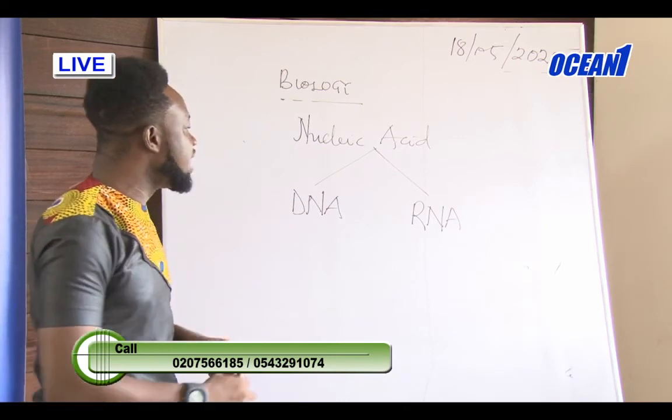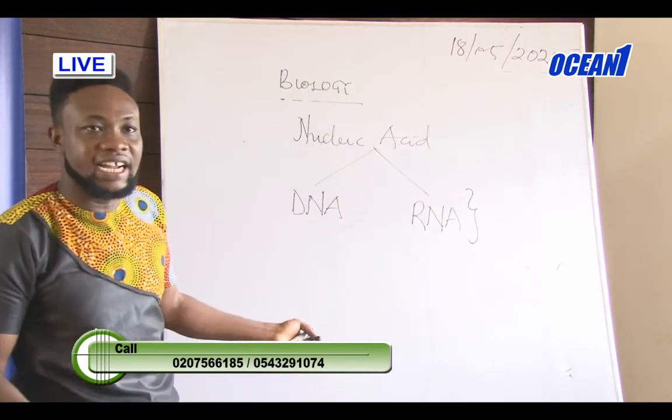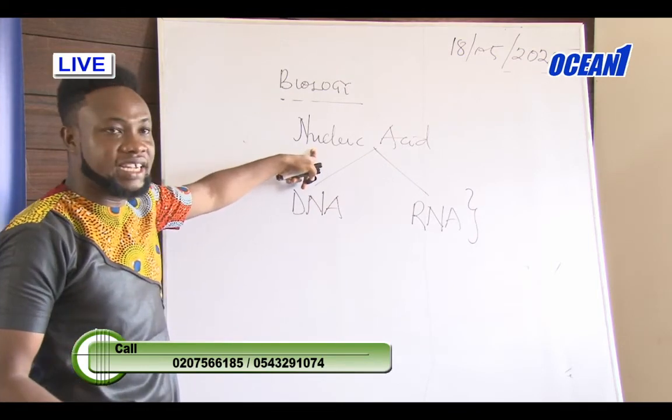Alright, so DNA and RNA are what form the nucleotide. So we said that the nucleotide is the basic building block of a nucleic acid.